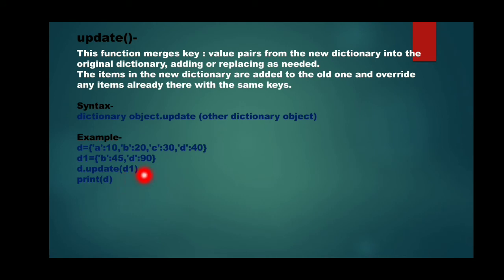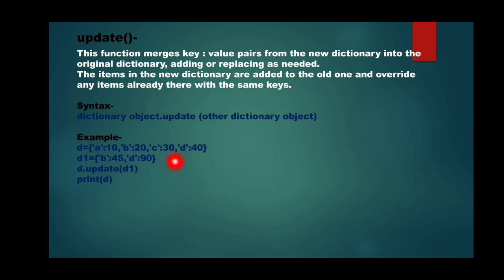So the key value pairs which exist in D1 but not in D will be added to D. But for the key value pairs which are already in D, their values will be changed according to the values of D1. See, here D1 contains the key B, which is already there in D. The value of the B key in D is 20, but in D1 it is 45.